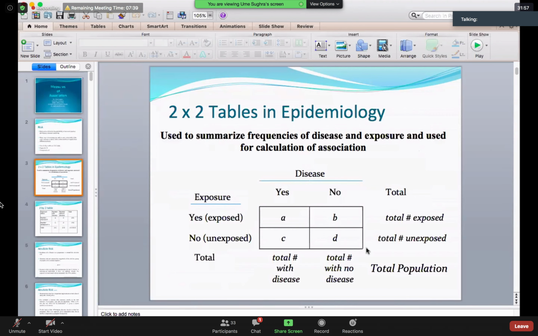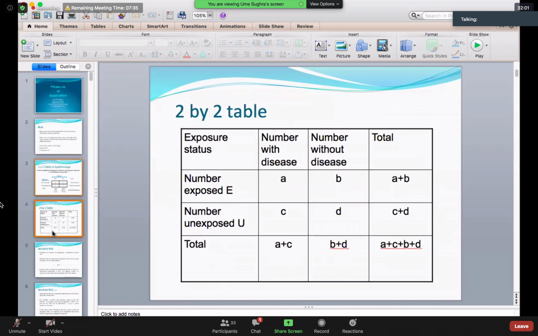We write N is equal to a plus c plus b plus d. If we add a plus b and c plus d, we should get the same number that we get by adding a plus c with b plus d. So the total population is captured in your 2 by 2 table.